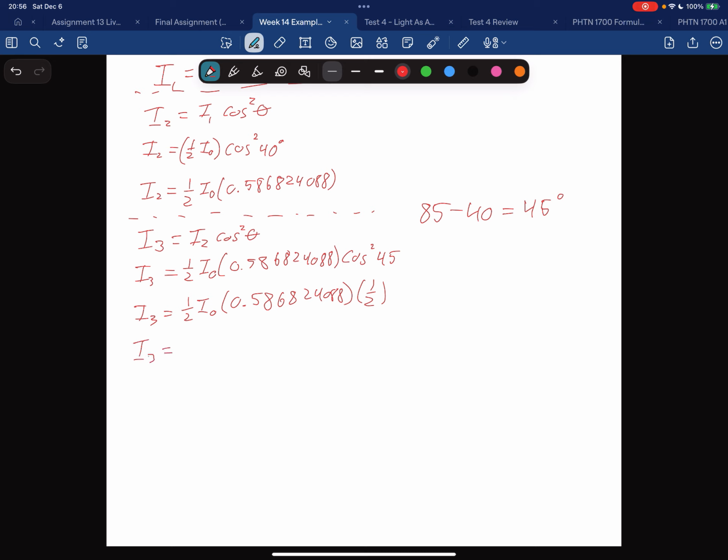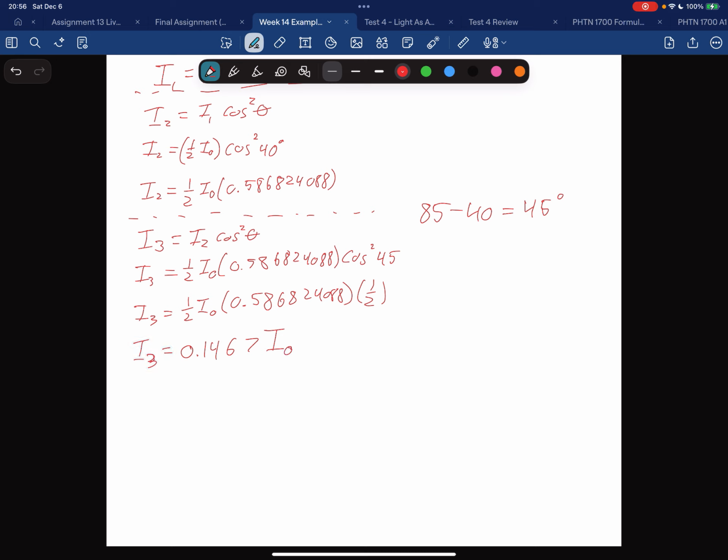So multiplying everything together, I get 0.5 times 0.586824088 times 1/2 gives me 0.1467. I'll round it off there. I naught.